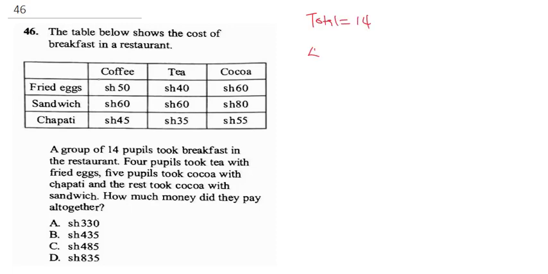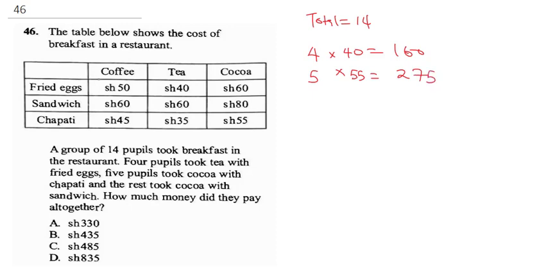Now 4 students took tea with fried egg, that's multiplied by 40, and that's 160. Then the next one says 5 pupils took cocoa with chapati. Cocoa with chapati is 55. Now this is going to give us 275.